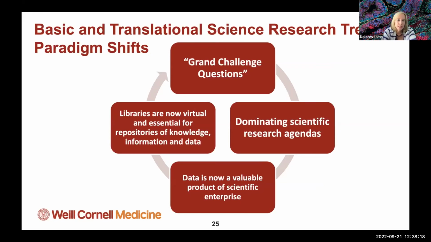And if we look at this, again, just sort of schematically, you have the grand challenge question. There are many different dominating research agendas that you could use to probably answer those questions. The choice is yours. But you need to appreciate how valuable the data is that you generate. And as you know, NIH certainly feels that way.